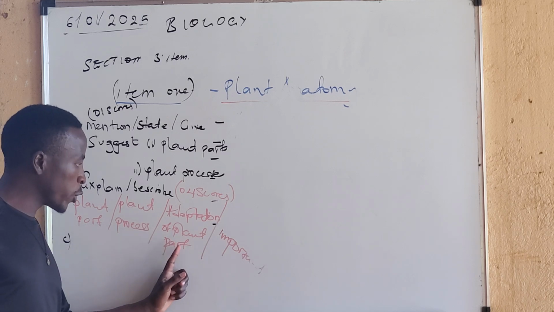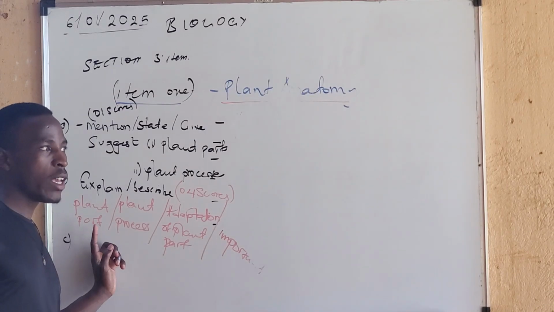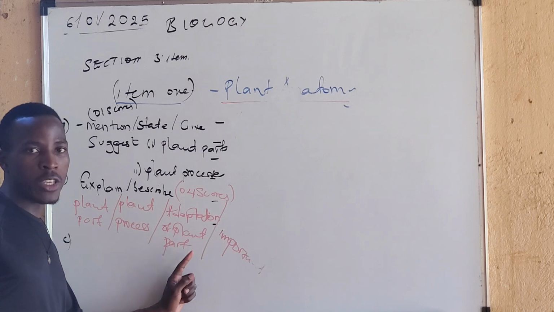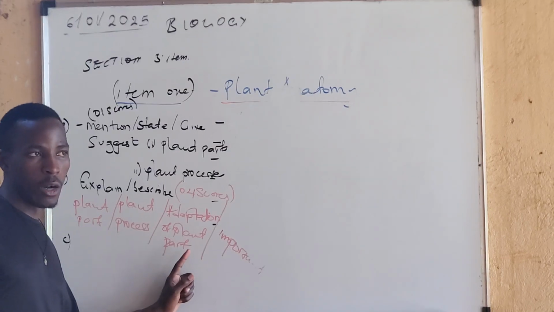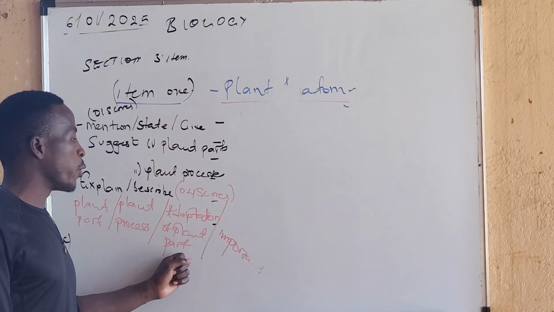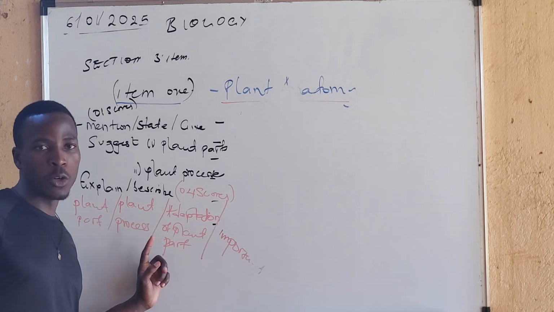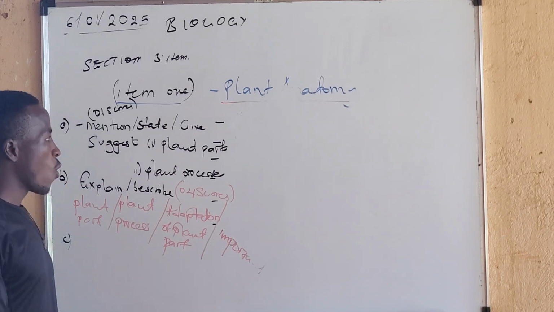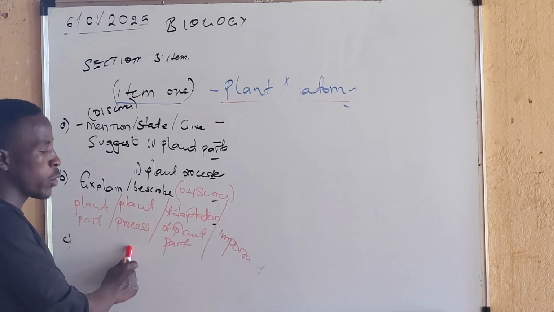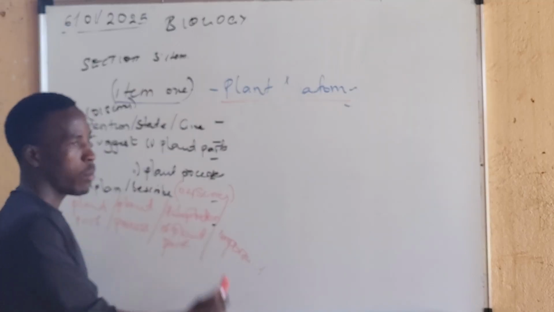What is the adaptation of the leaves? Plant leaves have chlorophyll, which absorbs sunlight. Therefore, the importance of chlorophyll is to absorb sunlight, hence enabling the plant to photosynthesize. So we have given the plant part, the plant process, the adaptation of the plant part, and the importance of that plant part.